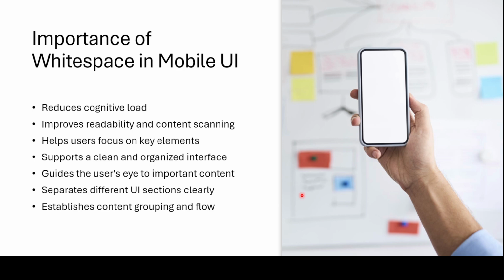So by implementing white space, it could reduce the cognitive overload of mobile users, because they always use the mobile application on the go. This would also improve readability and content scanning and help users focus on a key element. It could also support a clean and organized interface, while also guiding the user's eye to the important content. White space in mobile UI also separates the UI sections clearly and establishes content grouping and flow.